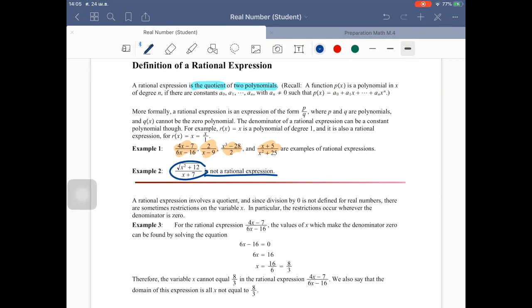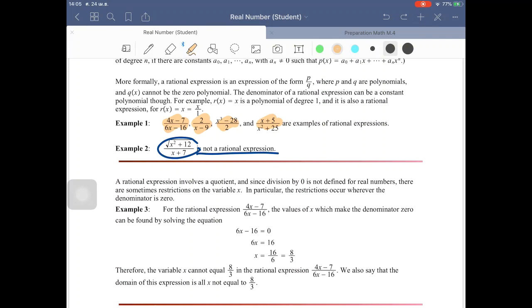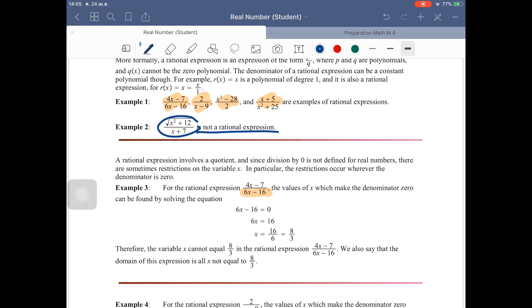Example 3. Here is a rational expression, but we have some limitation. What is it? We know that the divisor, or the denominator, cannot be 0. So 6x minus 16 cannot be 0. So we have to solve 6x minus 16 equal to 0.